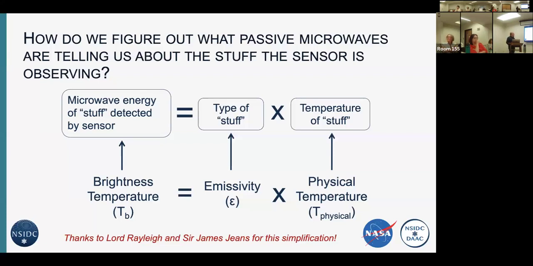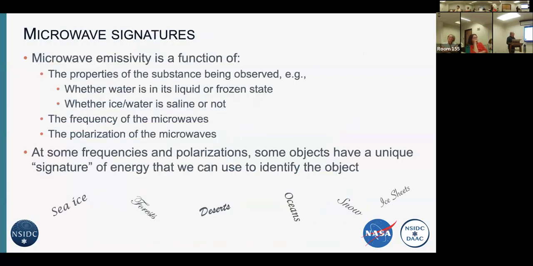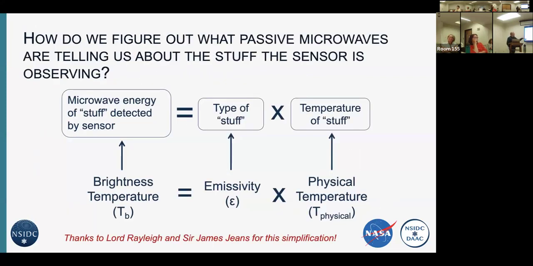So this is what's called the Rayleigh-Jeans simple approximation. In the microwave range, you can simplify that more complex equation into basically this brightness temperature, which is what we actually measure with the satellite, and again, that's an indication of the emissivity and the physical temperature.